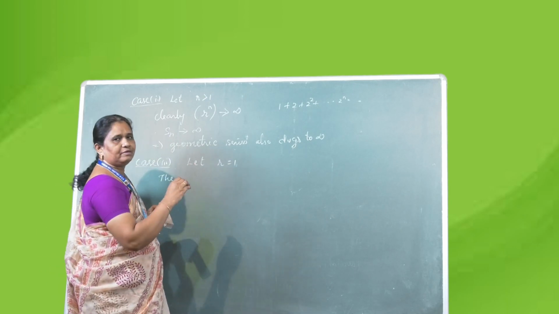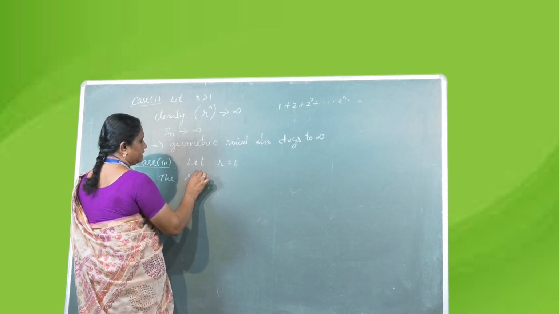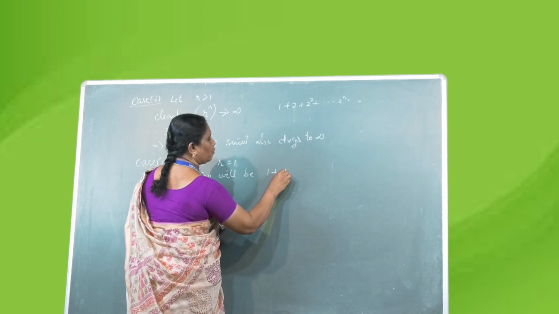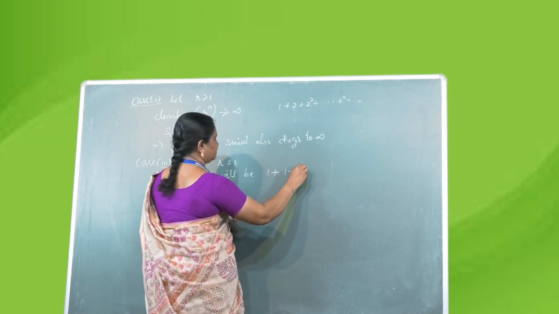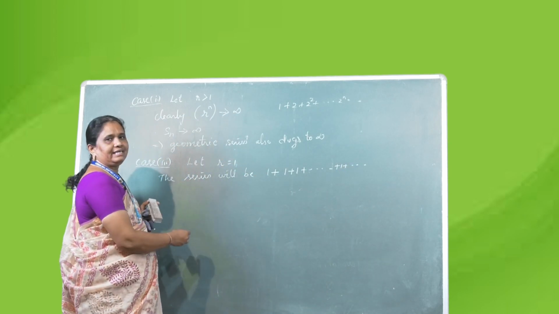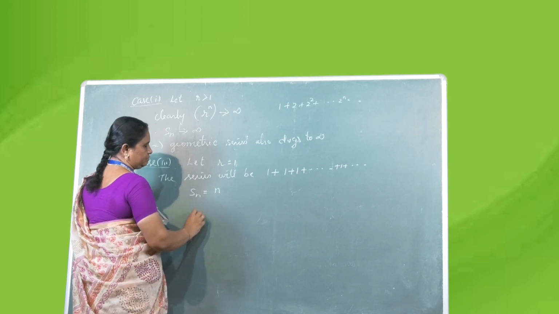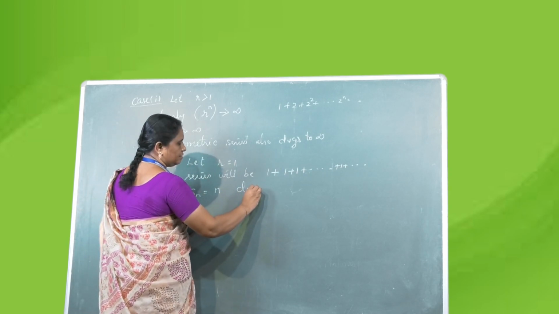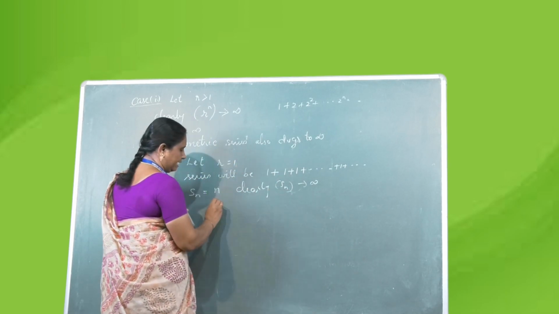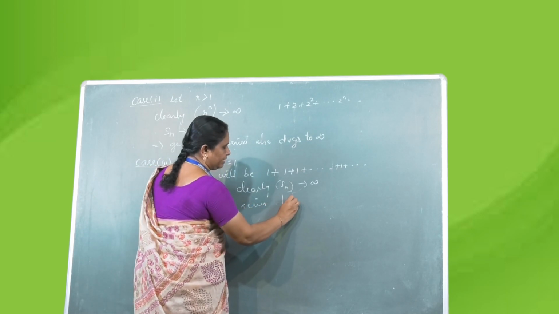If r is equal to 1, then the geometric series becomes 1 plus 1 plus 1 plus etc. And obviously sn is equal to n times 1, and clearly the sequence sn diverges to infinity, and therefore the series diverges to infinity.